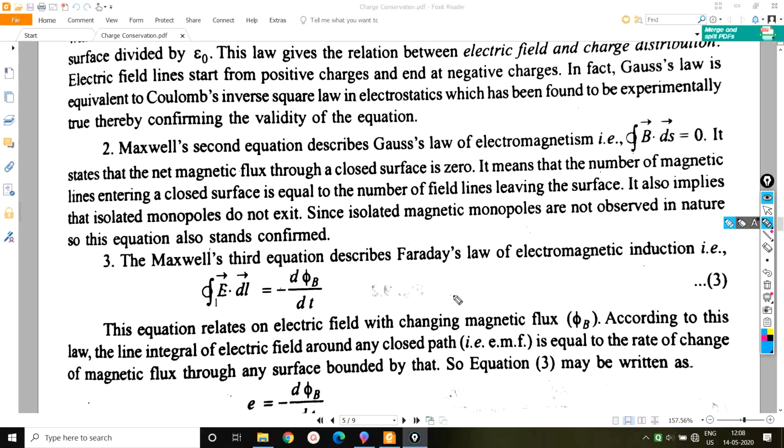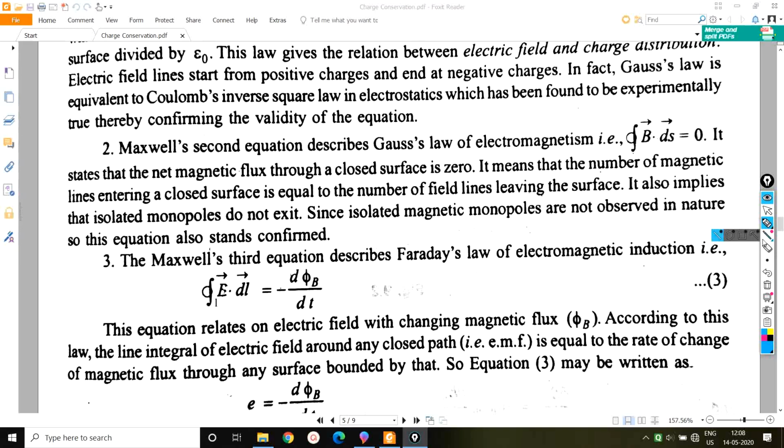So Faraday's law is simply linked with the production of induced EMF in a circuit if there is a change in magnetic flux linked with this circuit.